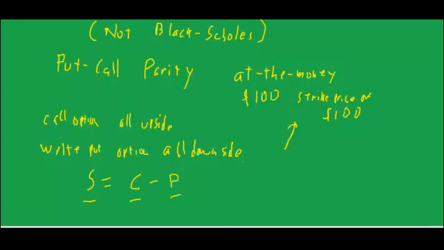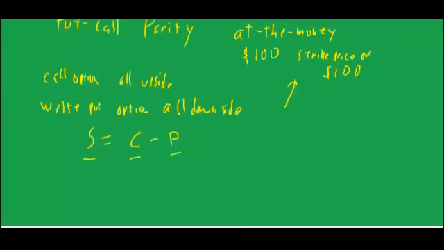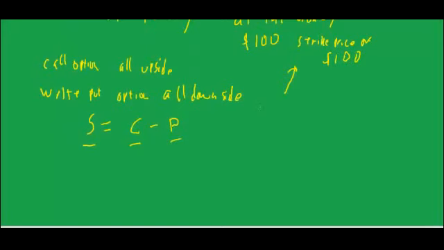To put this another way, if I have bought a call option and sold a put option, then I should get the same result as if I'd taken a levered position in the stock. That is, if I'd borrowed money to buy the stock. So there's a sense in which options create a leverage opportunity.